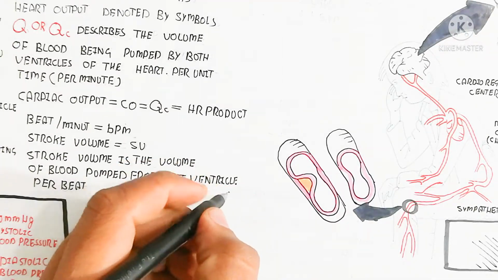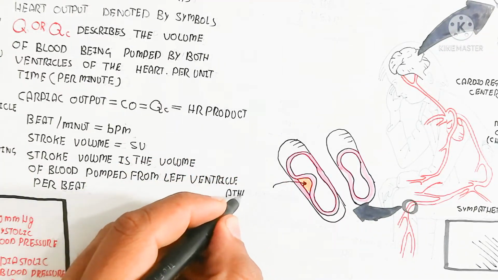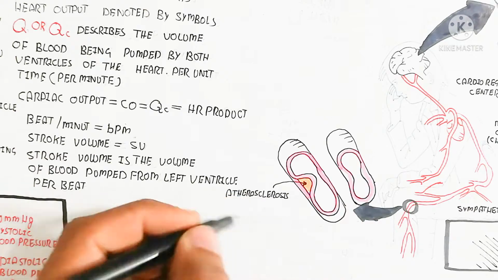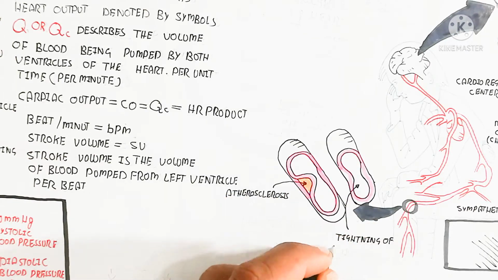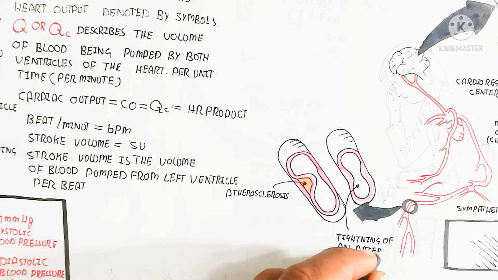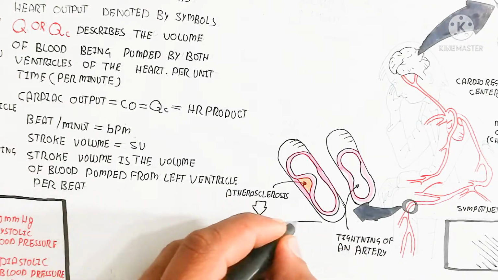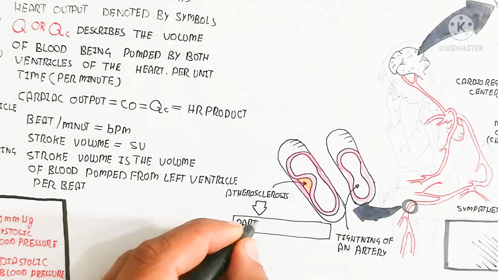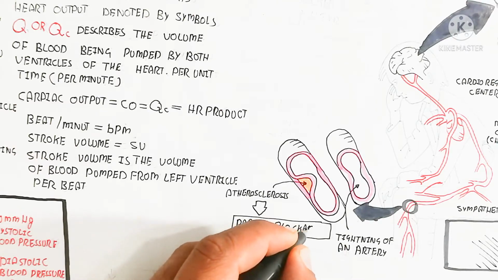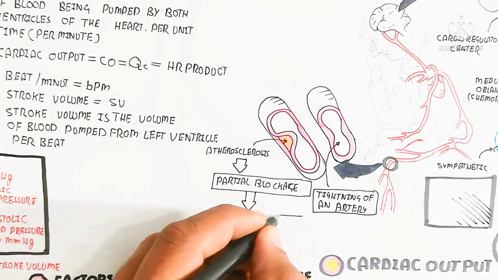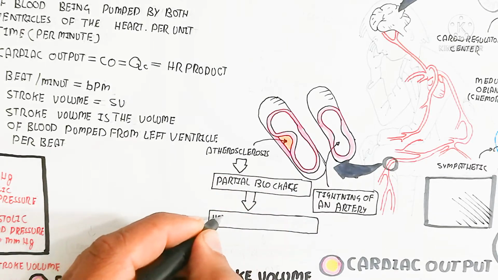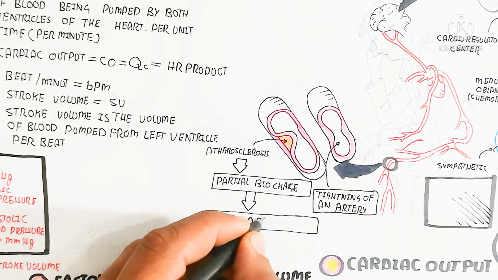The baroreceptor is used for balancing the heartbeat, while the chemoreceptor is used for detecting oxygen and carbon dioxide and making the heart beat more. On the other hand, there are complications, for example atherosclerosis or arteriosclerosis, due to the tightening of an artery or vein.